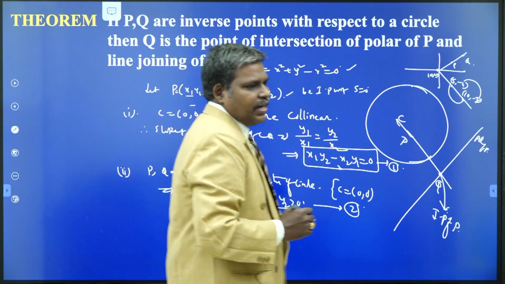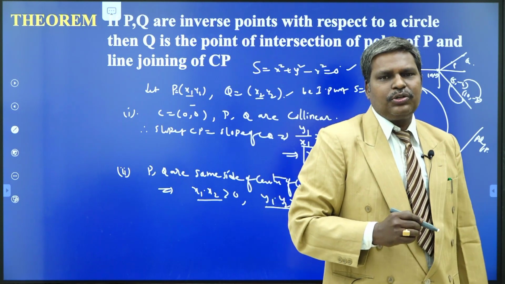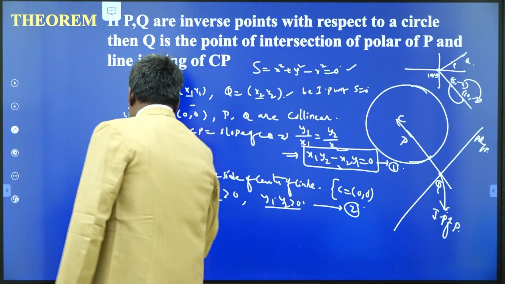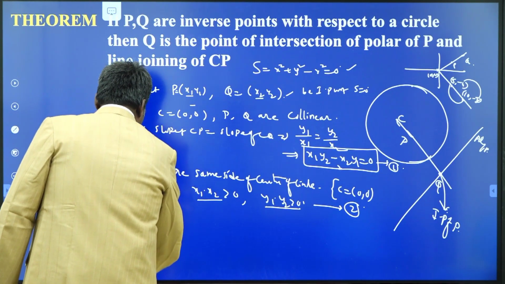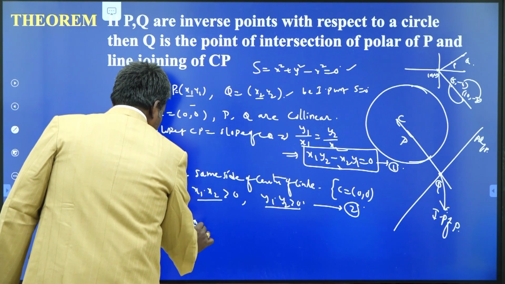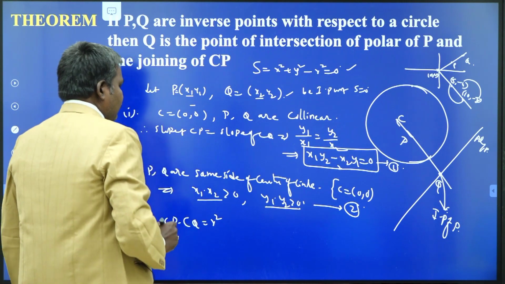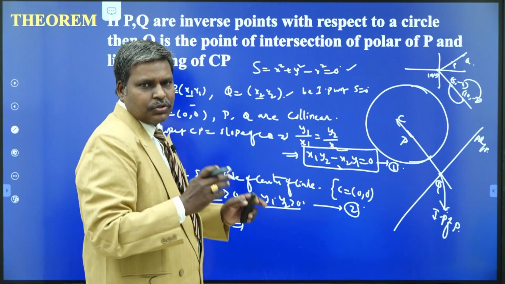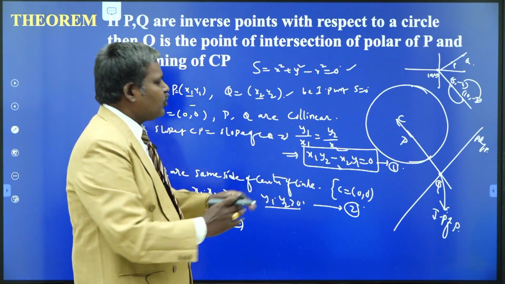We have the third condition, that is CP into CQ is equal to r square. Listen very carefully. There is a little bit of confusion in this theorem. Don't get confused; step by step we are deriving.